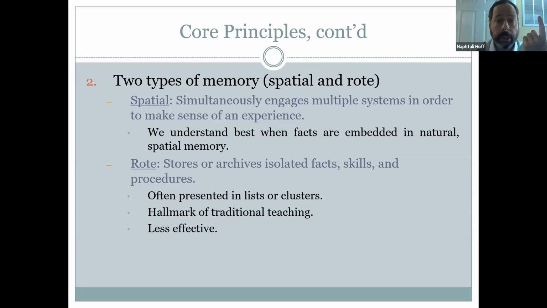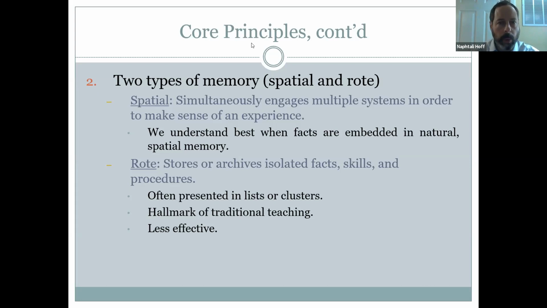Those are the two most common, but I could smell, I could touch, and I could also taste information, right? So we can be engaging our students in different ways, and whether our students are different kinds of learners, think intelligences and modalities, or whether they just are utilizing different senses, the more we embed it within a normal, natural form of memory, the better the information will be processed, understood, and recalled.